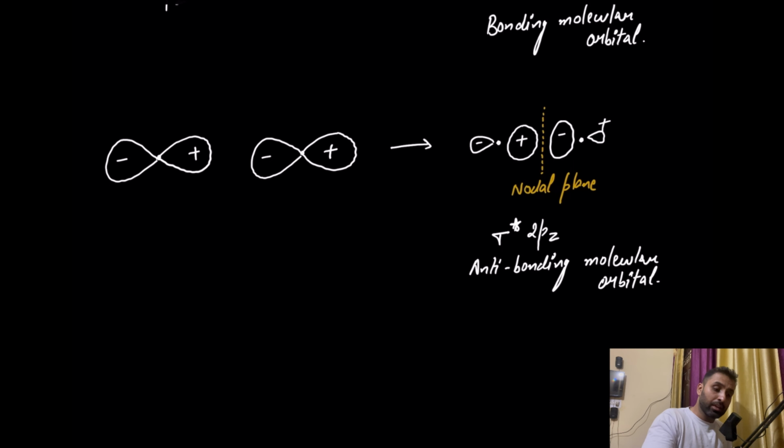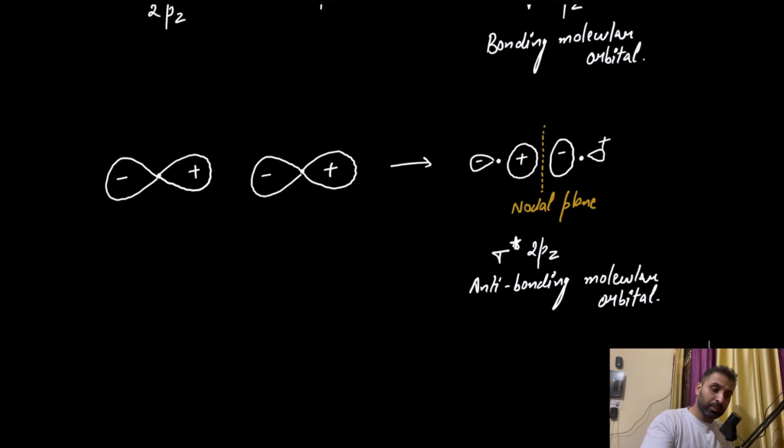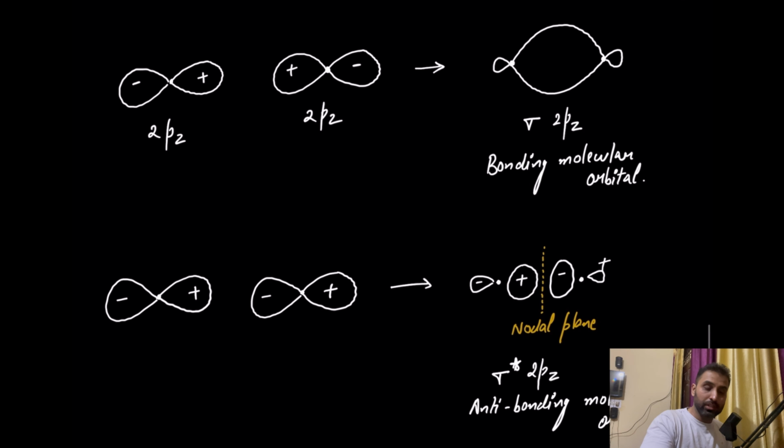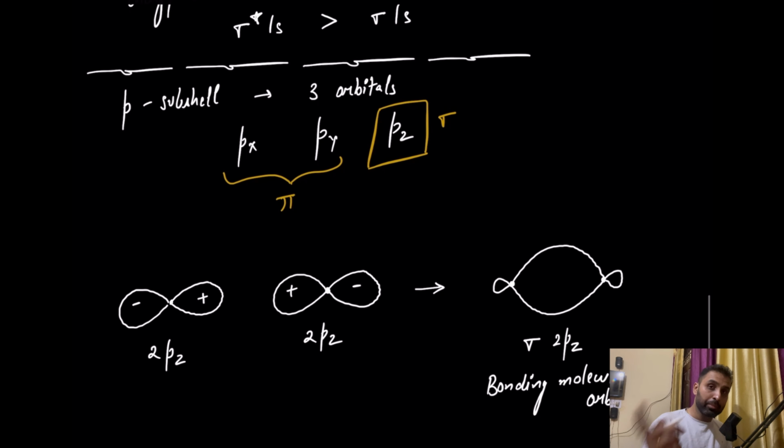So we got the bonding molecular orbital and anti-bonding molecular orbital for the p orbitals which will form sigma bonds. Now let's move to the bonding and anti-bonding molecular orbitals for p orbitals again forming pi bonds.